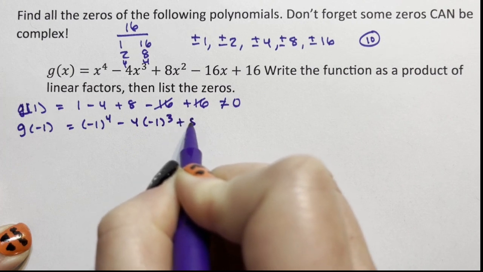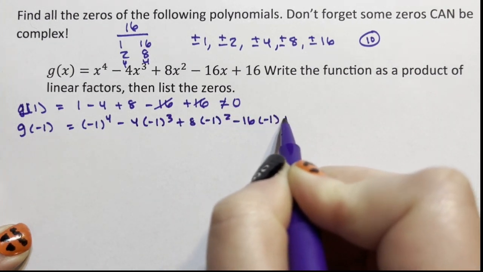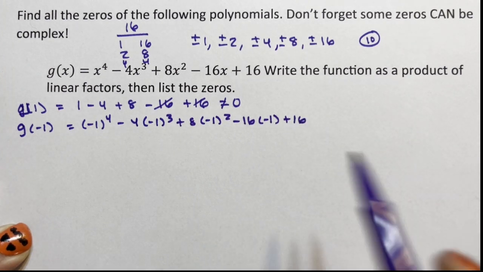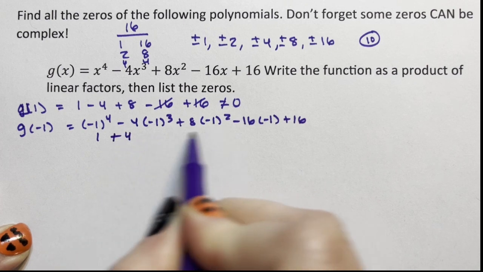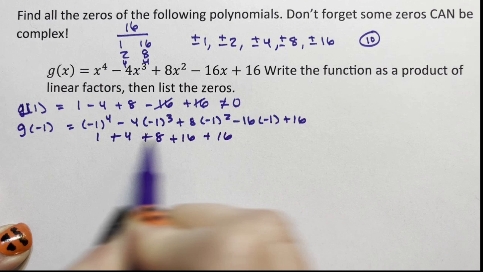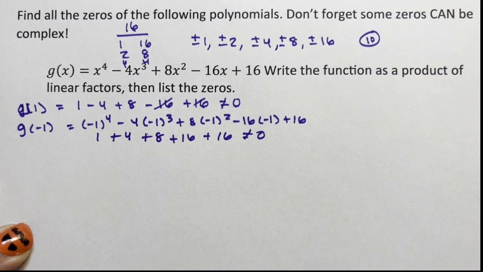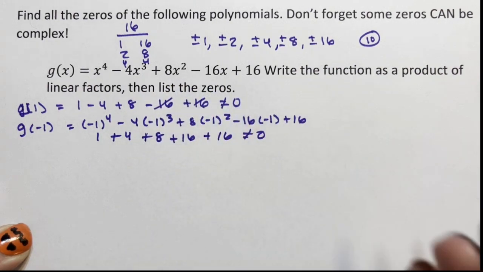After that, I'm switching to synthetic division. That's kind of the rule I would use with my students. So this is 1 plus 4 plus 8 plus 16 plus 16. The thing is, if they're all positives, they're not subtracting, right? Positive, positive, positive, positive, positive. That's okay. The ones are out.